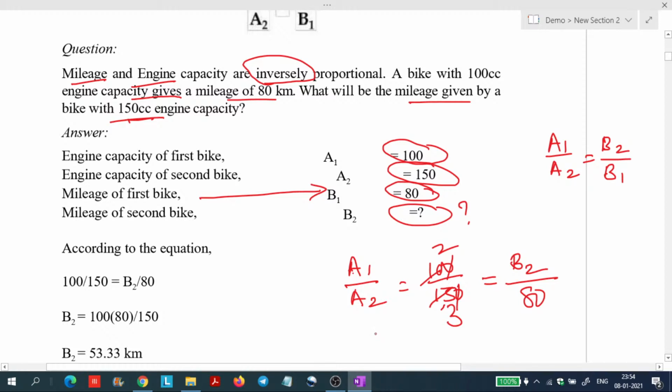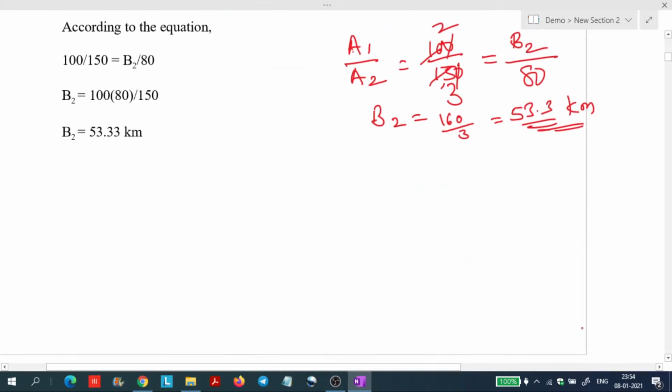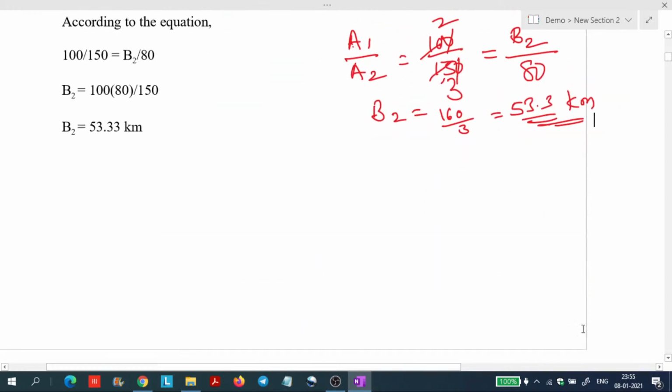Okay. So b2 equal to 160 by 3. So inversely proportional. In inversely proportional, a1 by a2 equal to b2 by b1.